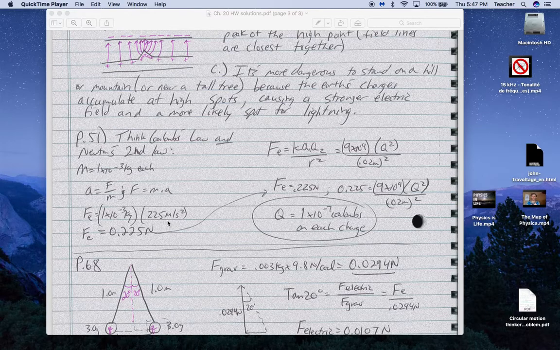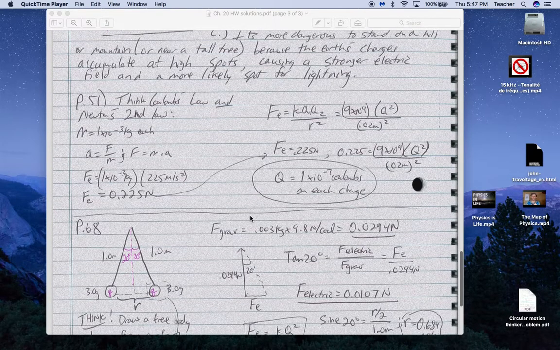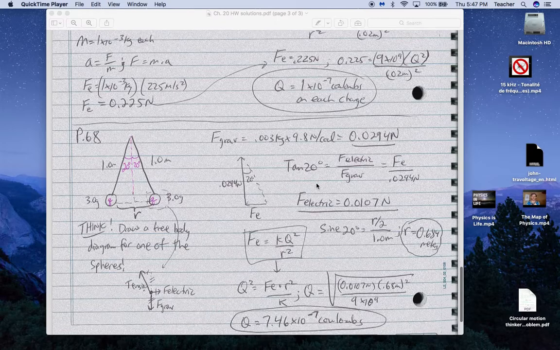So for 2 objects that were accelerating away from each other, 2 little particles, I think, this is for each one of them. That tells us the electric force on each of the particles. To find the charge on each of the particles, we use Coulomb's law. Since the charges were identical, it was kq squared over the distance squared. Notice I'm using meters instead of centimeters, so I get that the charge on each sphere was 1 times 10 to the negative 7th coulombs.